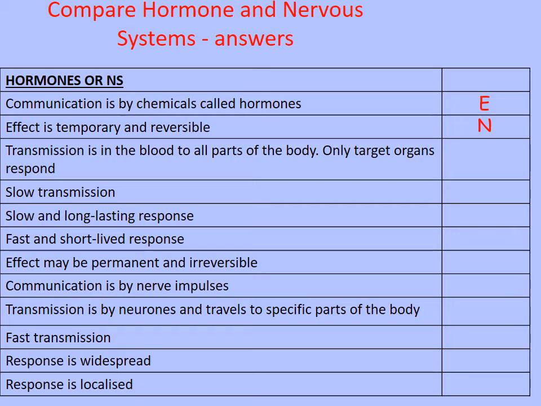Transmission is in the blood to all parts of the body, only target organs respond, would be endocrine. Slow, endocrine. Slow and long-lasting response, endocrine. Fast and short-lived response, therefore, must be nervous. Permanent and irreversible, endocrine. Communication by nerve impulses is the nervous system. Transmission is by neurons and travels to specific parts of the body, would be nervous. Fast, nervous. Widespread, endocrine. And localized would be nervous.